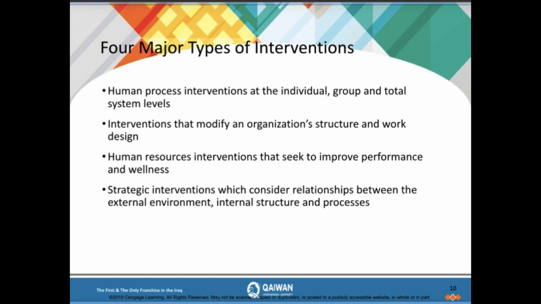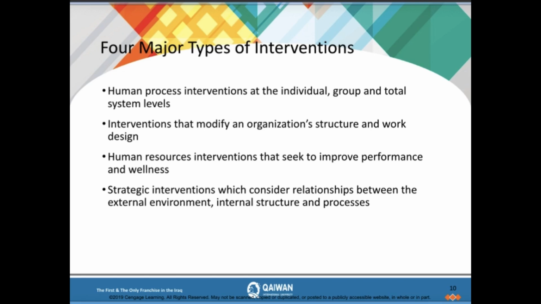Each of these intervention types will be covered in more detail in the upcoming chapters. Also, we have additional material that I will upload and share with you. These slides include more details about every type of intervention and help you understand the topic better.